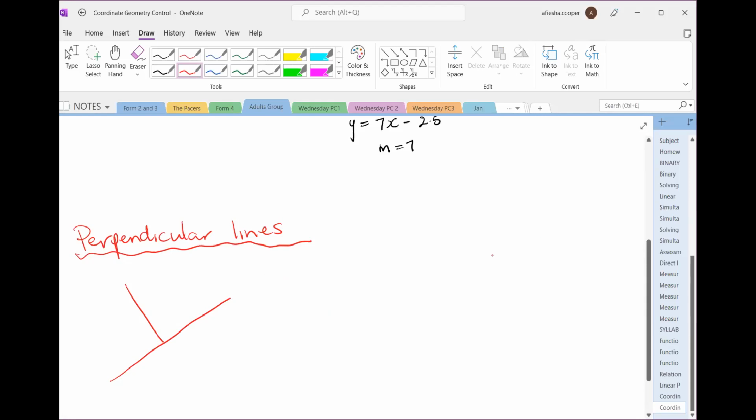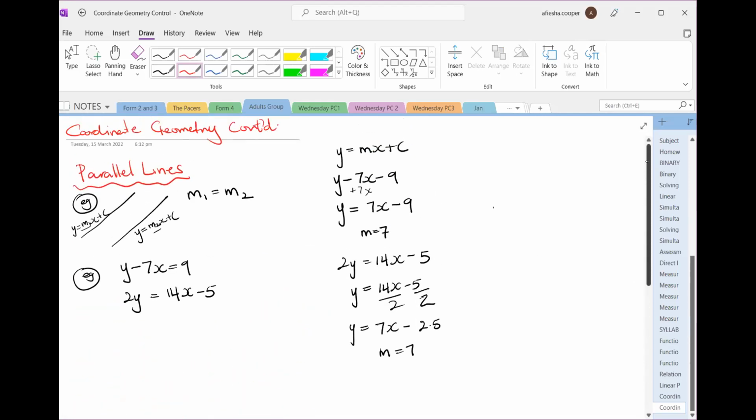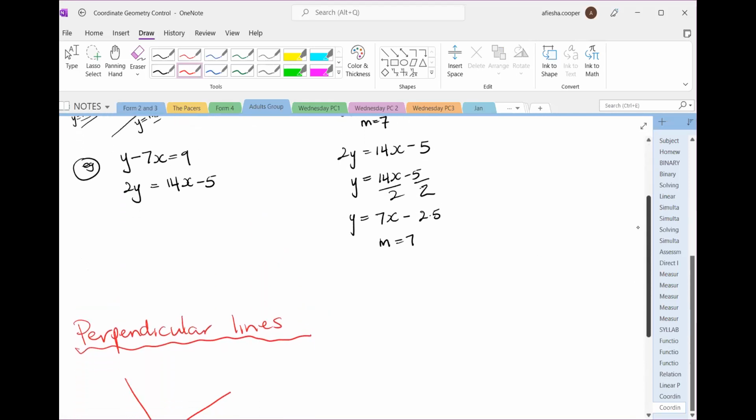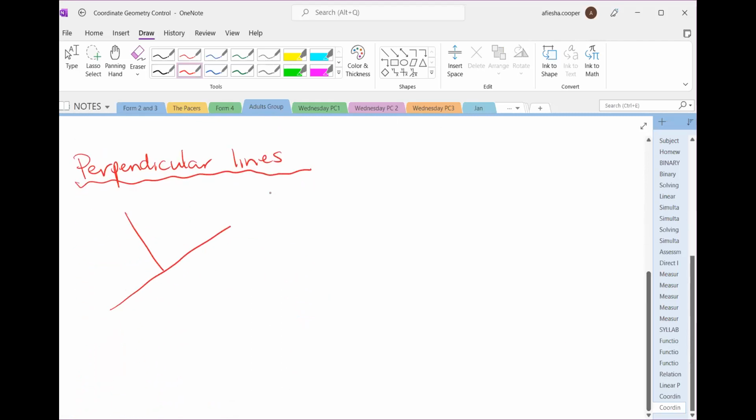Now for perpendicular lines, unlike the gradients of parallel lines, which are equal to each other, the product of the gradients will give you -1. So y is equal to m1x plus c, and this line is y is equal to m2x plus c.